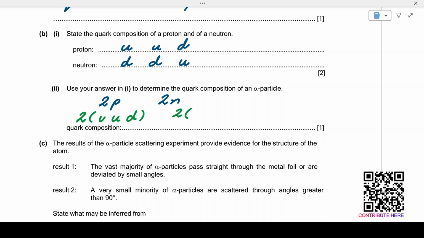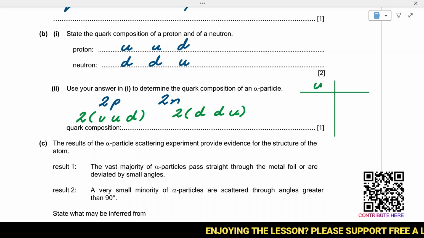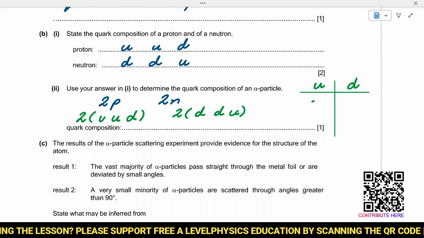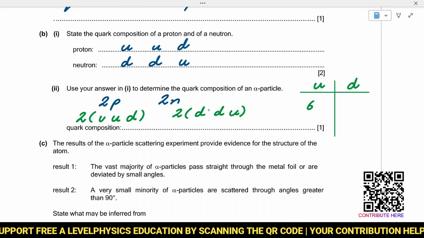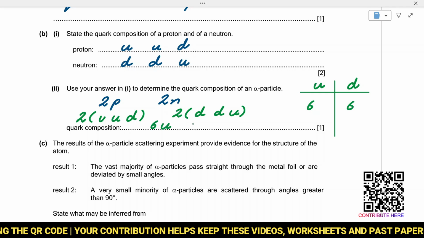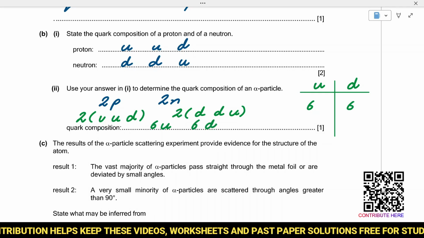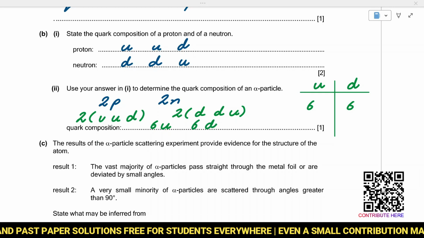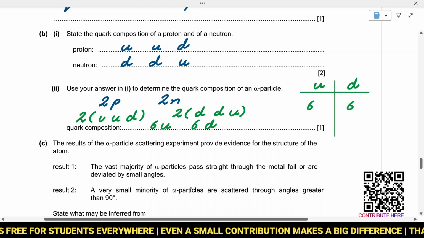A single neutron consists of 3 quarks, down, down, up. So what do we have in total? 2, 4, 6 up, 2, 4, 6 down. Altogether we have 6 up and 6 down quarks.